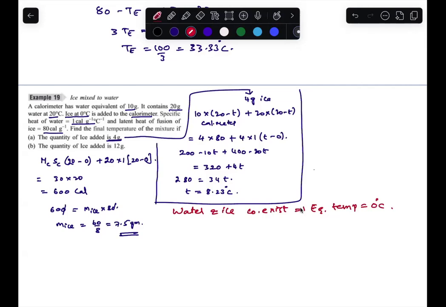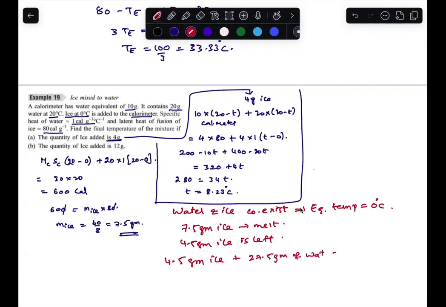So already I have done this workout. Therefore, in this case, 7.5 grams ice will melt, which means some 4.5 gram ice is still left. So in the final mixture, you will have 4.5 gram ice plus 7.5 plus already you have 20 grams water, so basically 27.5 grams of water and calorimeter.